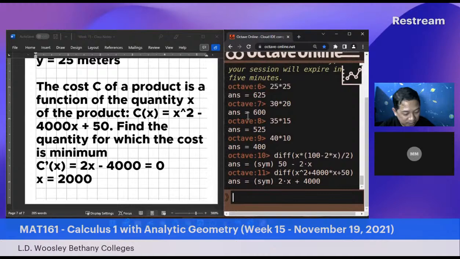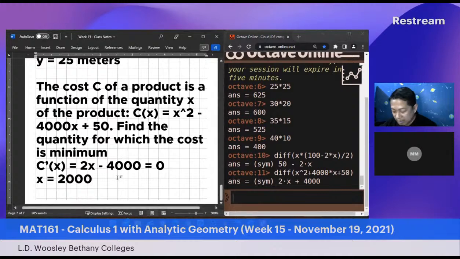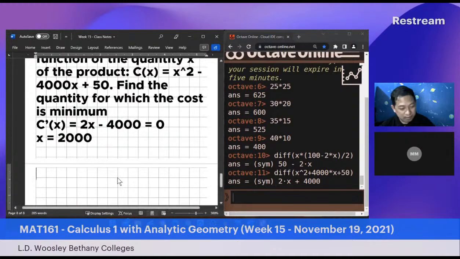Okay, so here's the last problem that we have. It's fairly short. This one is regarding time rates.